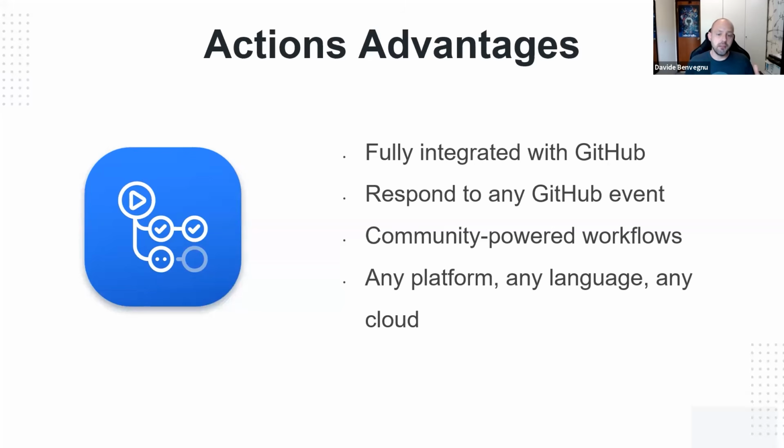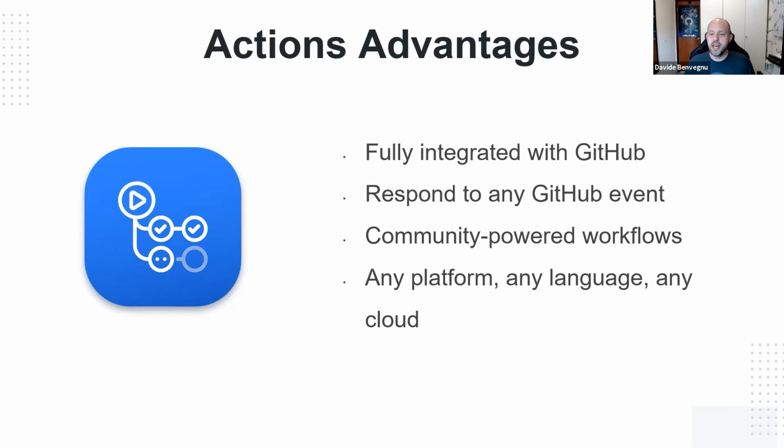So really, the possibilities are unlimited. And in fact, because of that, and also because, as I mentioned before, they are fully GitHub, they are also community powered. We have thousands and thousands of pre-built actions that come, of course, from first-party companies like GitHub and Microsoft, and third-party companies like all the major players in the industry. But the majority of those come from the community, meaning that there's someone like me or like you that decides one day to say, okay, I want to automate that specific task.